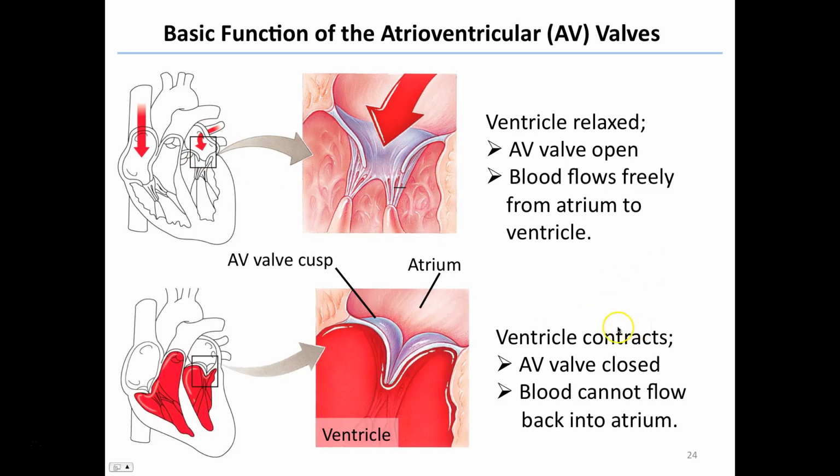Now, when the ventricle contracts, the AV valve closes. So the blood's contained within the ventricles, the AV valve shuts to stop any backflow, and contraction of the ventricle causes the blood to be pushed into either the pulmonary circuit or the systemic circuit, but it does not return back into the atrium because the valves are closed, and that's what their role is there to serve.